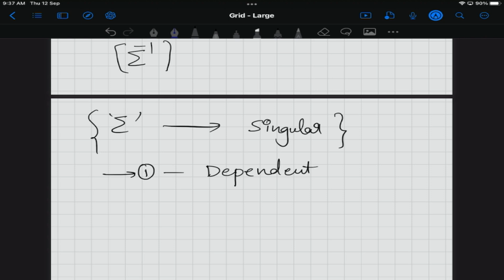Linear. Okay, fine. If your features are linearly dependent, then there is linear dependency and your inverse won't exist.